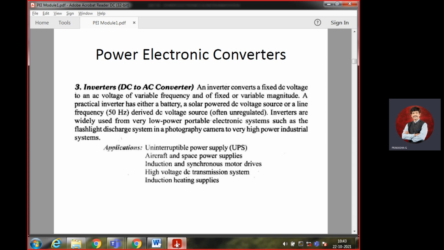From T1 to T2 I switch on both the BJTs. Then after T2 I switch off, not applying base current for both transistors. After that, at T2 and T3, I will switch off these two and I will switch on these two.